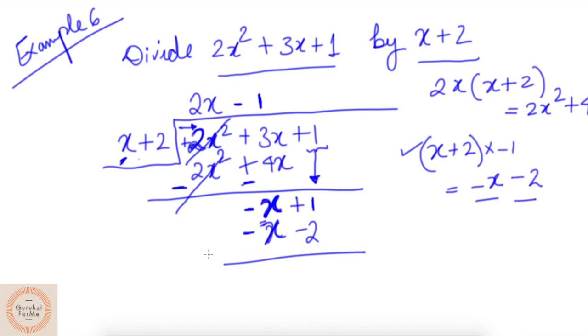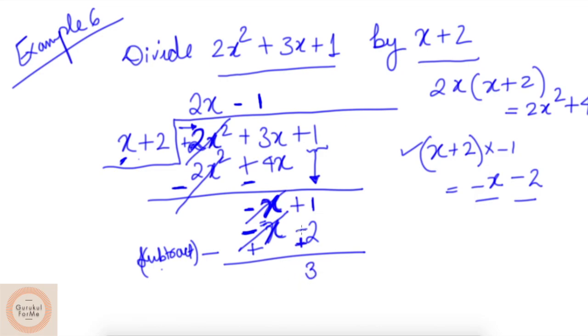So this minus x became plus x, gets cancelled with minus x, and what we are left with is 3.